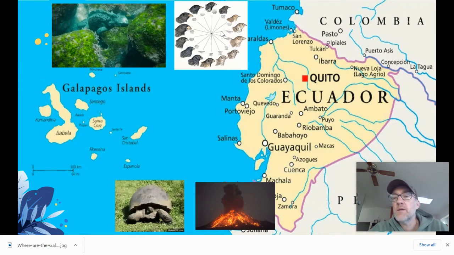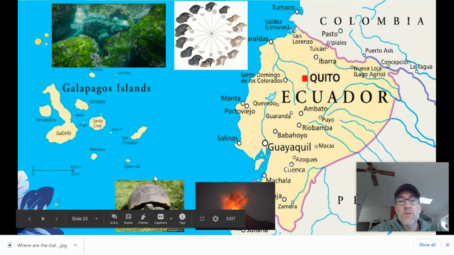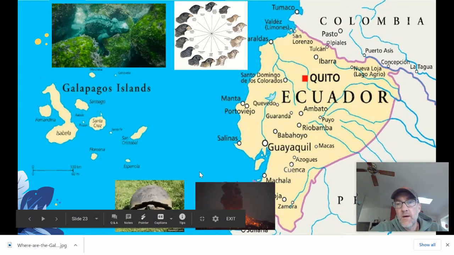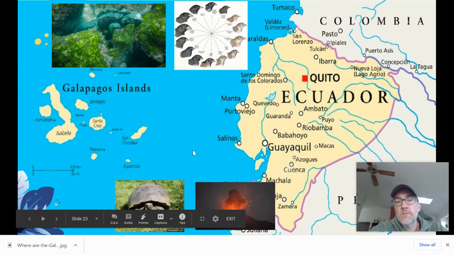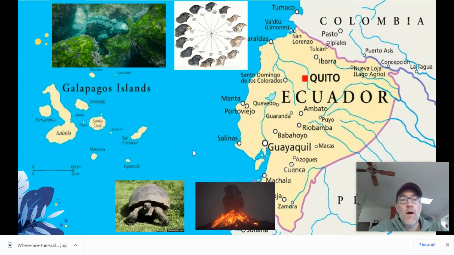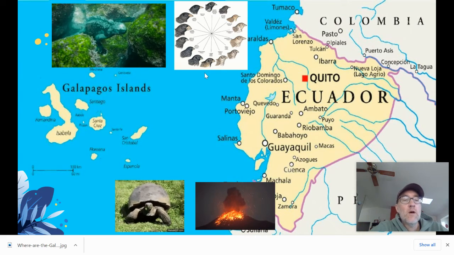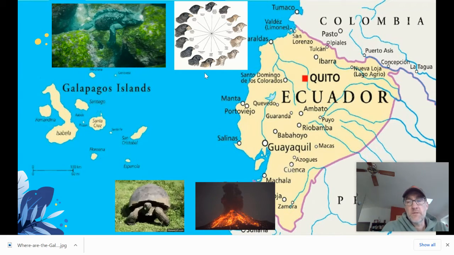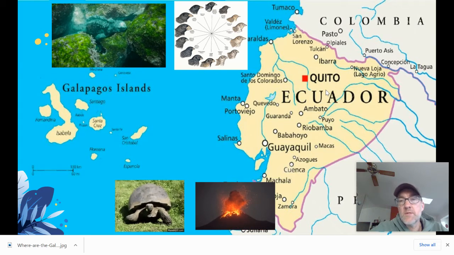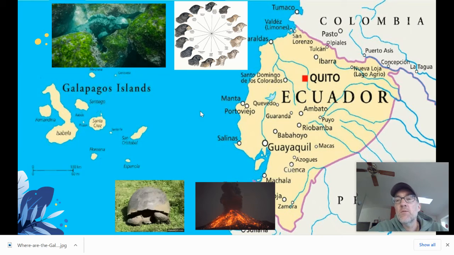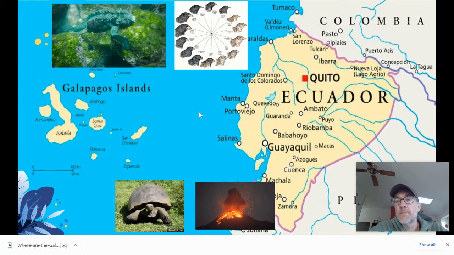It has a variety of different finches, giant tortoises, constantly dealing with volcanic activity, disturbances that are occurring there. And these species are adapting because they're acquiring different ranges of tolerance. So this would be the place I would want to go. It's off the coast of Ecuador, and it has to do with the things we're going to be learning today.